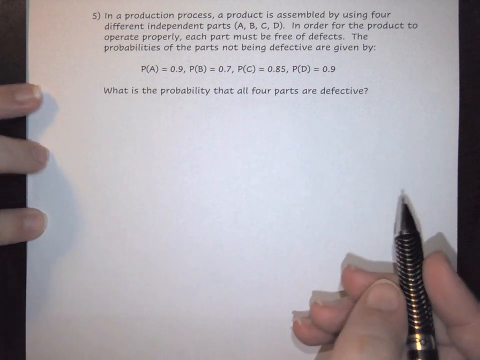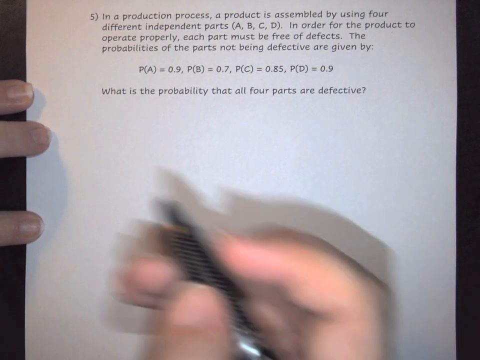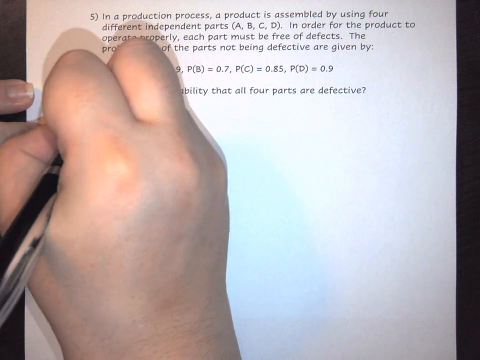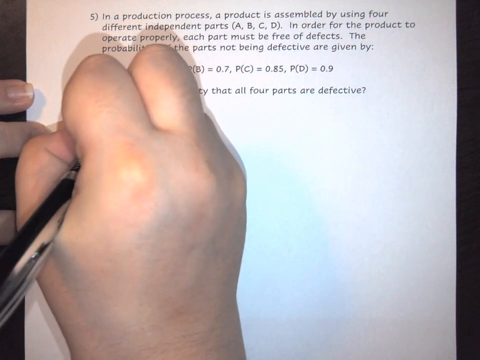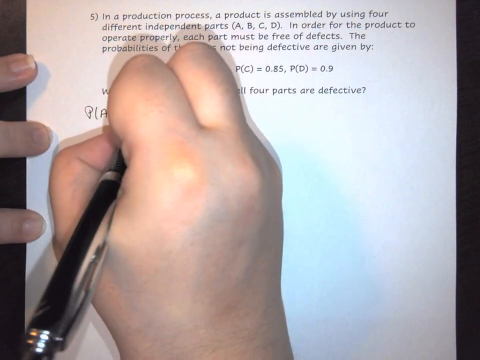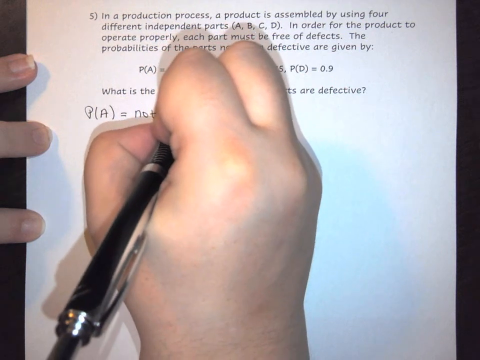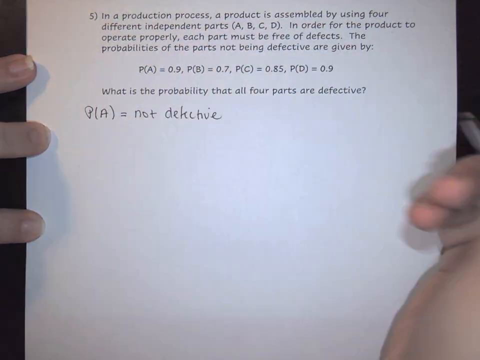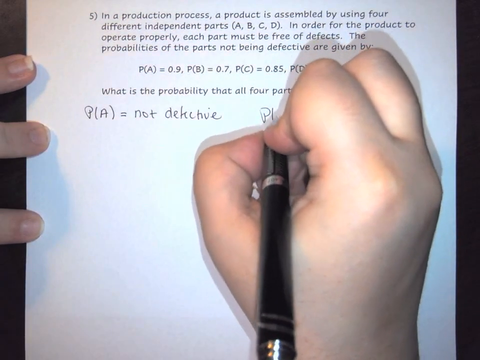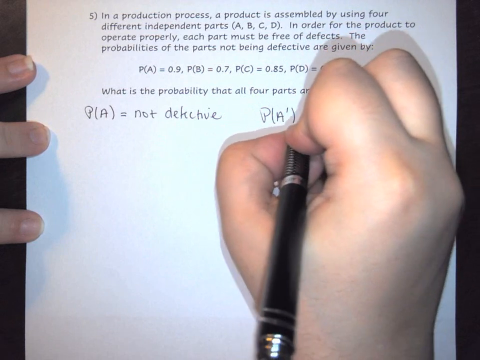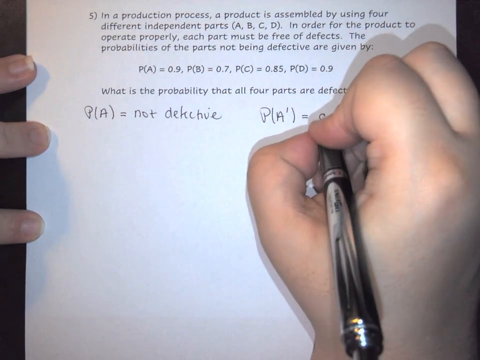So first we have to look at what our events are. So we have the probability of event A happening, and this is not defective. Therefore, our second is our complement, which would be that they are defective.